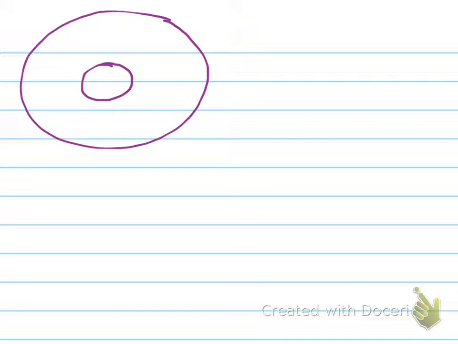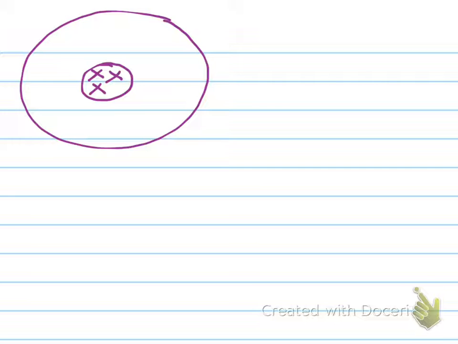So here's my target. Here's my bullseye, right? That's what I want. And these represent either my arrows or my darts. So, am I accurate? Am I precise?